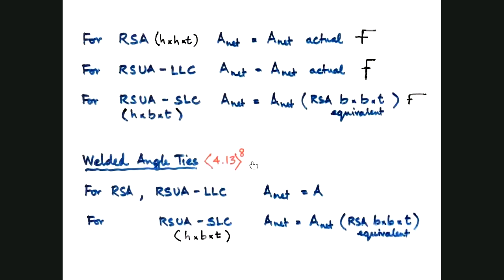Okay, so if we have a rolled section angle like what I drew earlier on, it's an equal angle, so we have the height the same as the width. If I draw that in, we have a section like this.